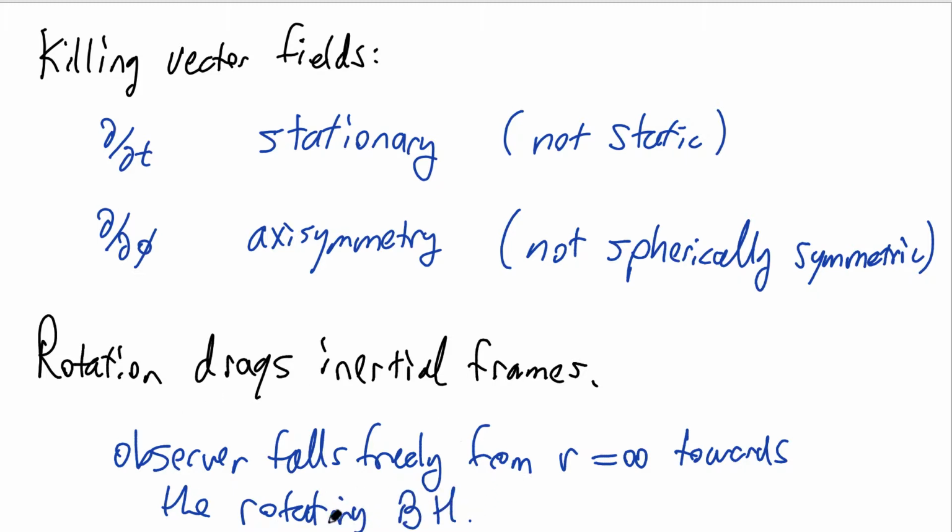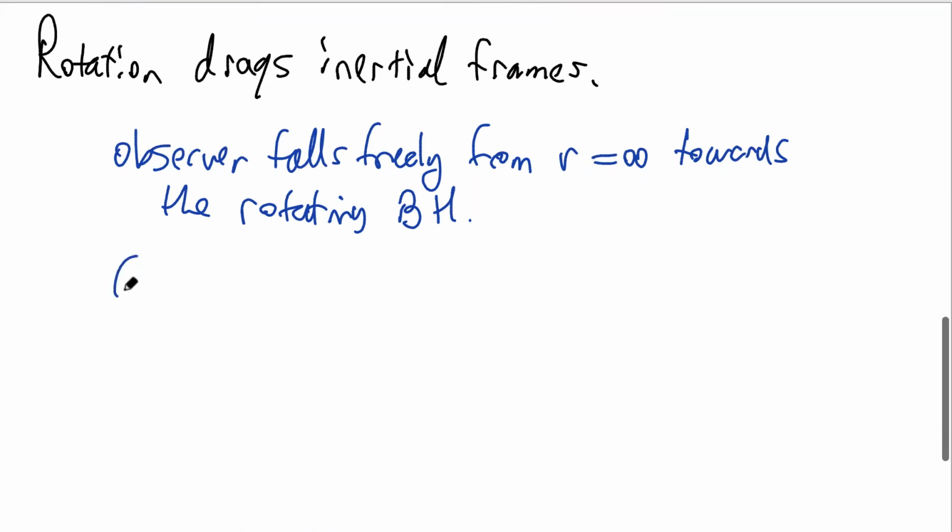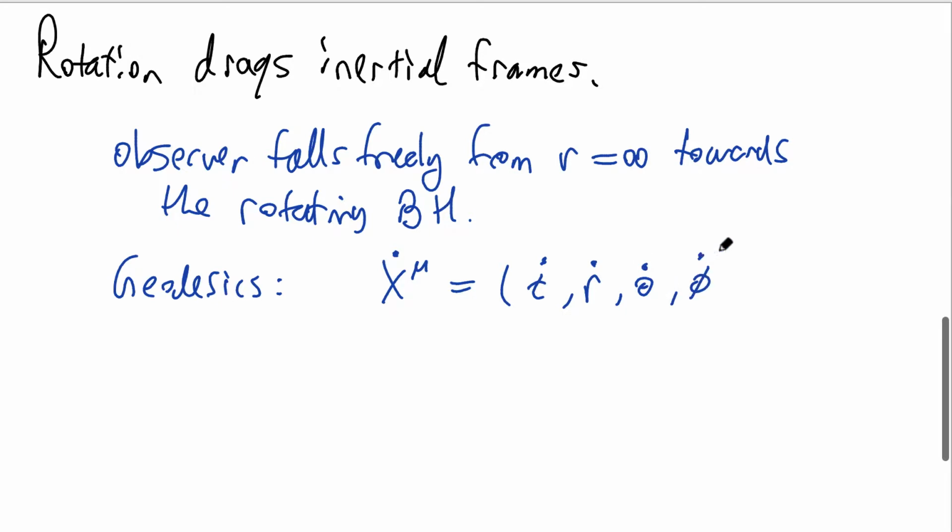We can solve for the motion of this observer by solving the geodesic equations. So let x mu dot be the forward velocity of the observer. That's t dot, r dot, theta dot, phi dot, where dot denotes differentiation with respect to proper time.